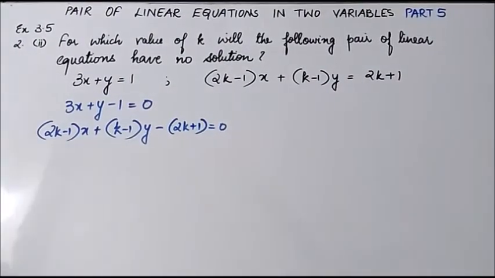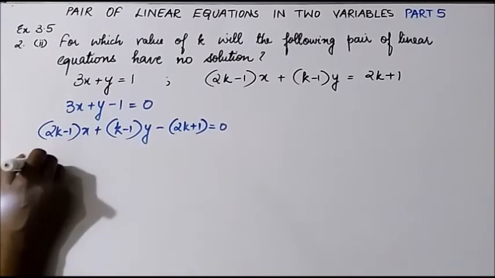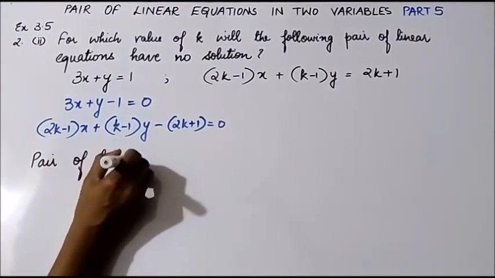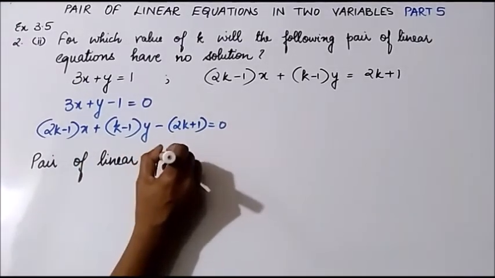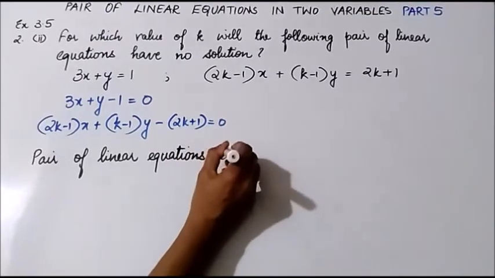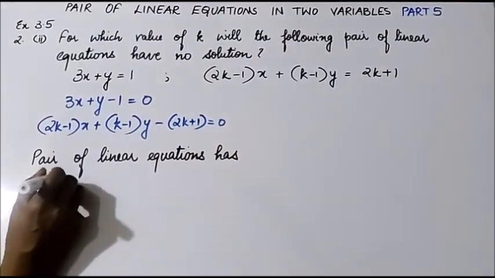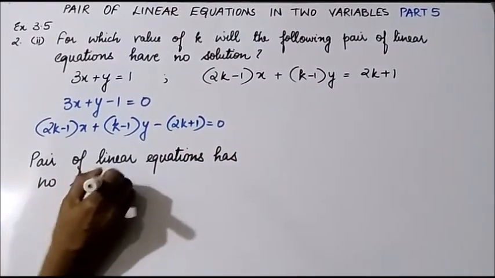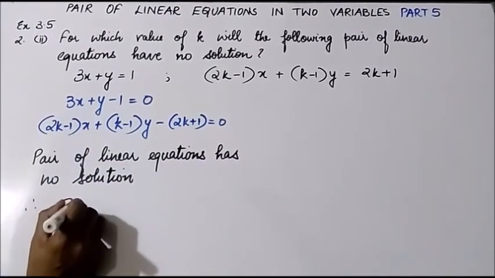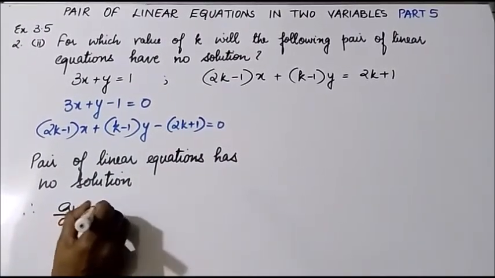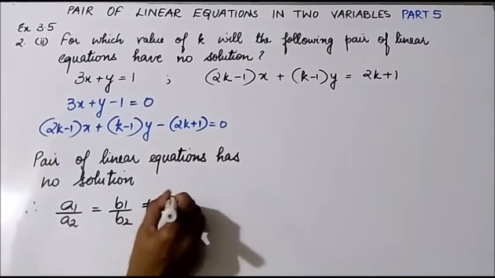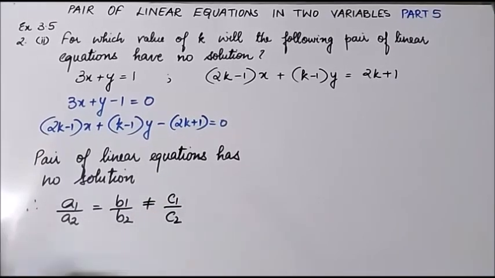Now it is given to us the pair of linear equations has no solution. Therefore what you get? No solution means it will be a1 by a2 is equal to b1 by b2, not equal to c1 by c2.